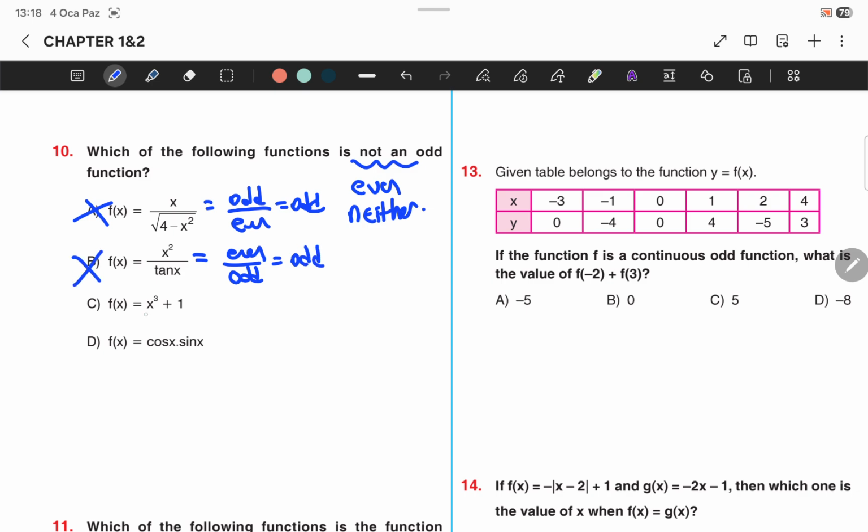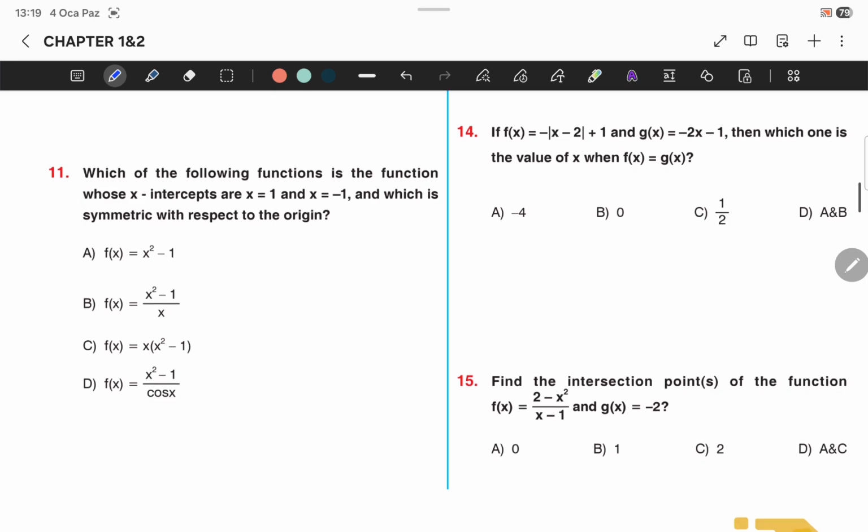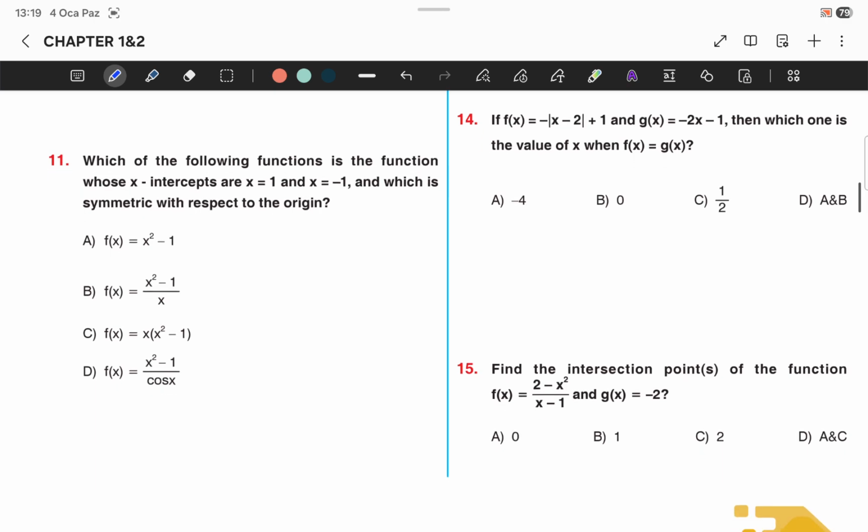Eliminate it. Look, here, this is the odd. This is the even. Odd and even together are always neither, guys. This is my answer. Look, this is the even times odd. As a result, odd. So this is eliminated. C is the correct option.